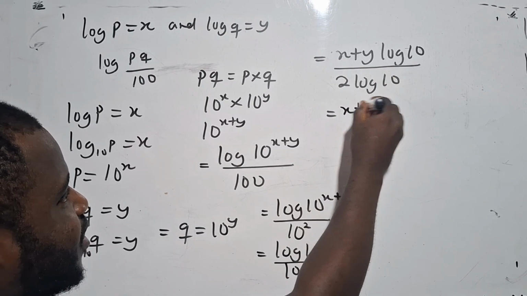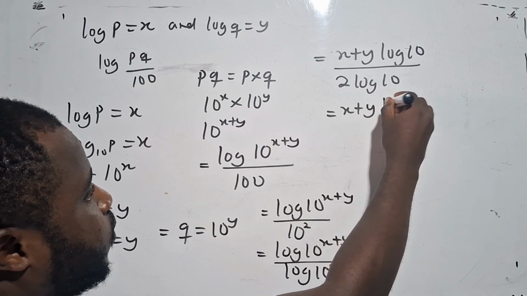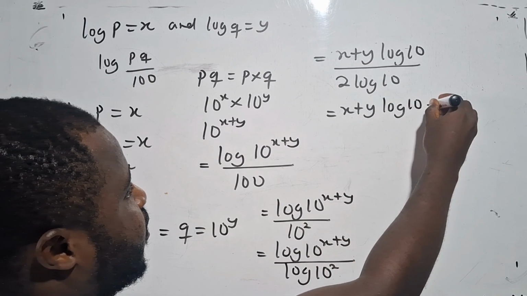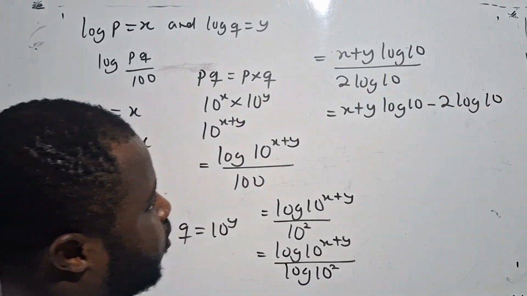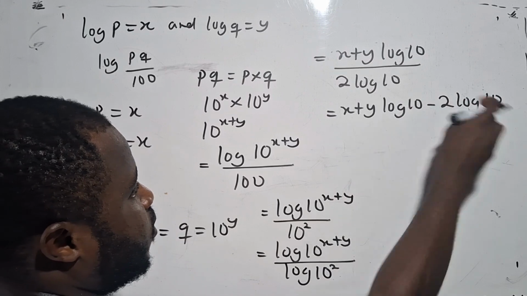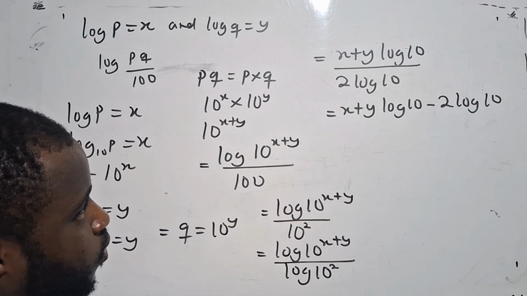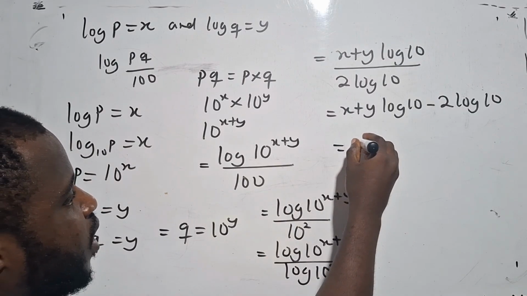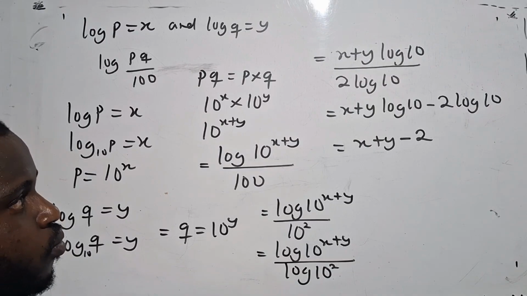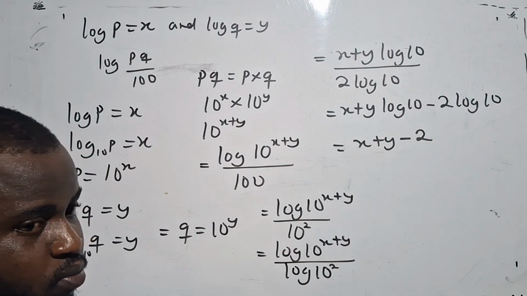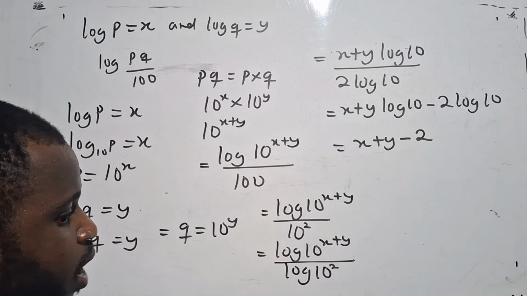So I have (x plus y) log 10 minus 2 log 10. So log 10 will cross out. So now I'm going to have x plus y minus 2. The division turns into subtraction. So x plus y minus 2 is our final answer.